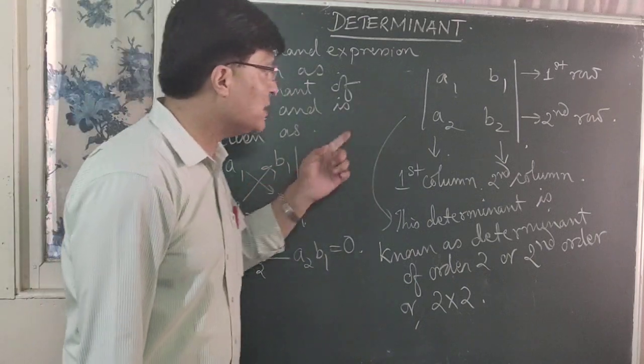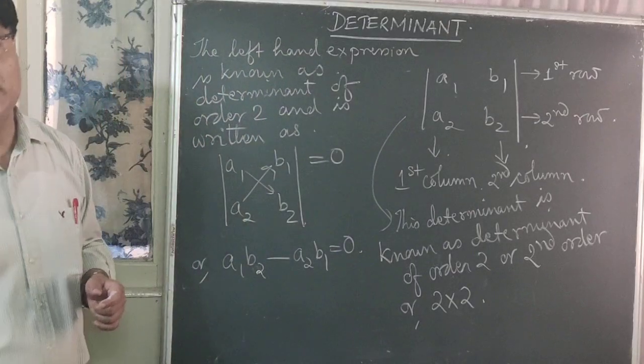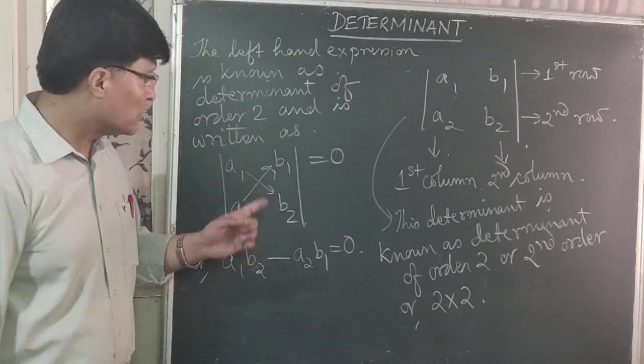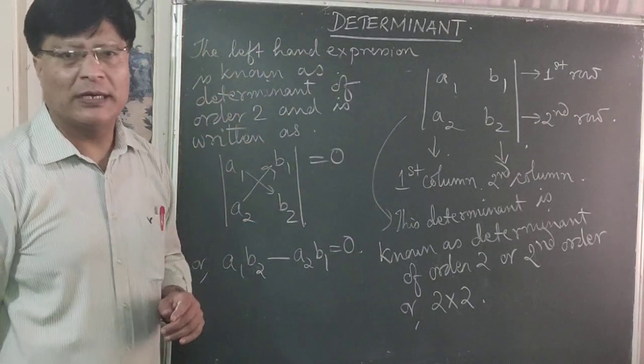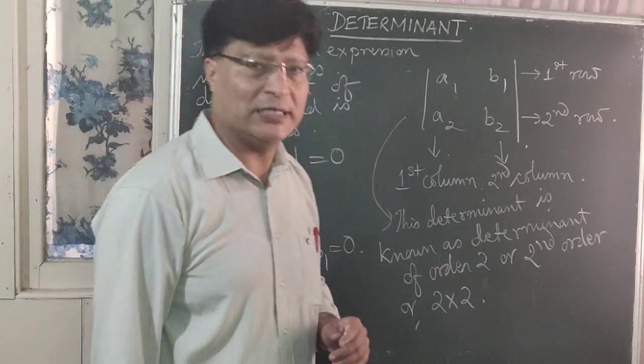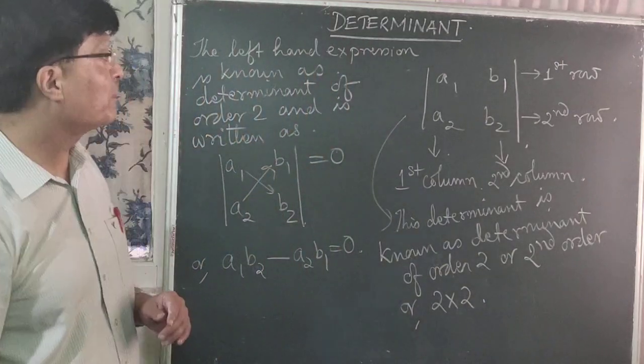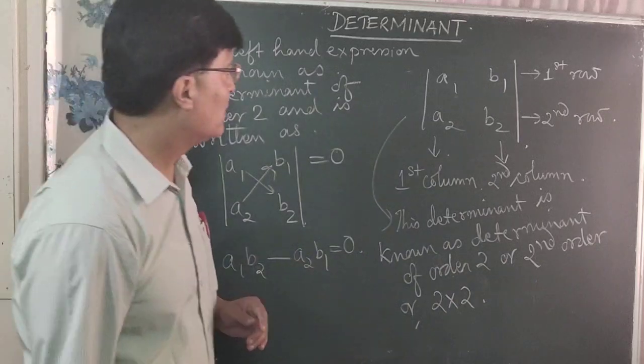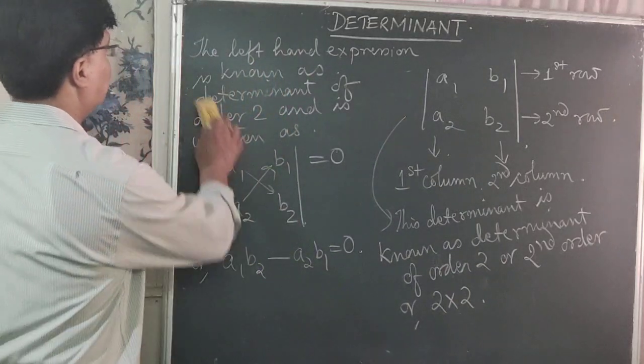So this determinant is known as the determinant of order 2. This is the way of representing a determinant. Okay, now let's do another example.